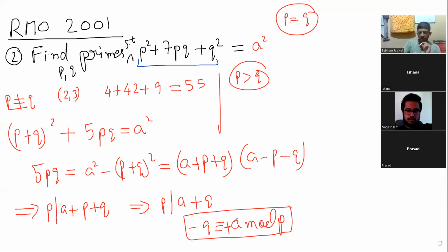So this A is minus Q mod P. If you now take both sides, this encourages us to check the remainders modulo P. So this A will be Q square modulo P, but then the left hand side is also Q square modulo P, right? The P square and 7PQ vanish. So this is not useful at all. It's not going anywhere. Seems like that.